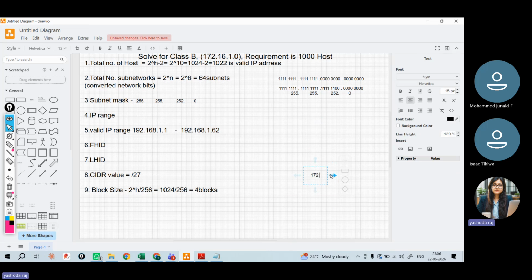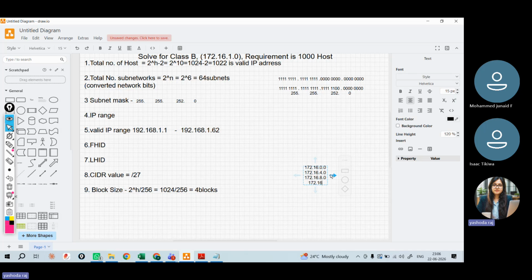Now the range, how am I going to write it? 172.16.0.0 is the first block, right? Add 4 to that: 172.16.4.0. Again, 172.16.8.0.